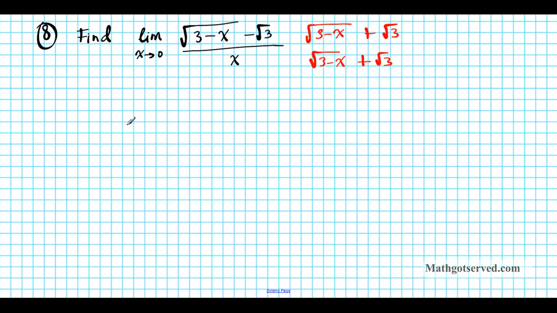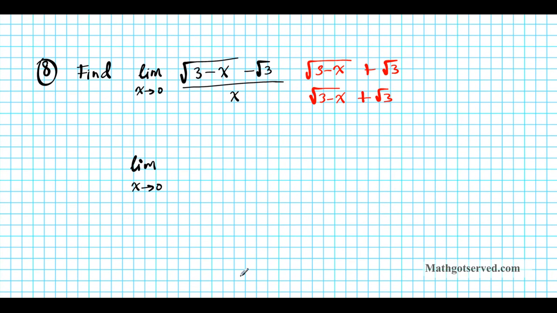So this is going to give us the limit as x approaches 0. This is a difference of squares, so consider this being a minus b times a plus b. Okay, a minus b times a plus b equals a squared minus b squared.